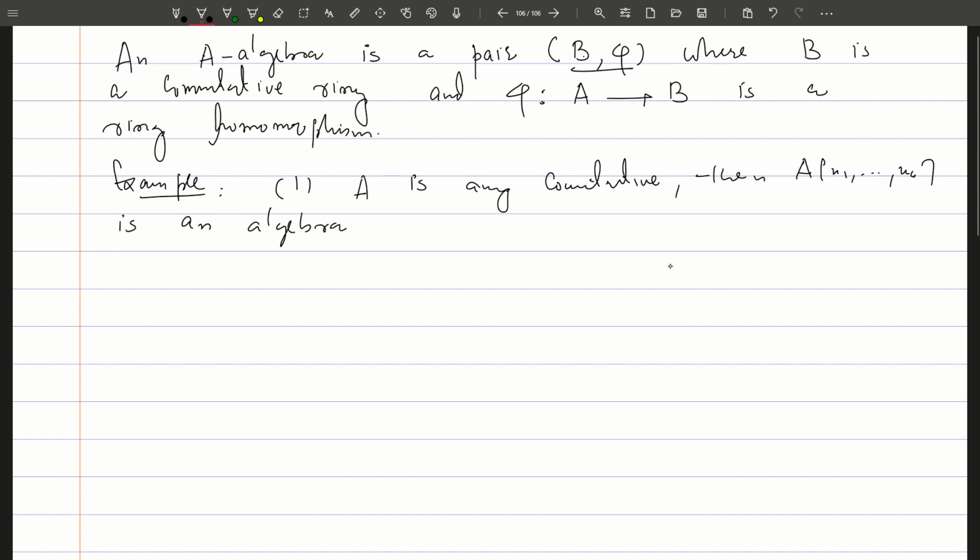Now, when this set is an A algebra, we must have a structure homomorphism, say phi from A to this polynomial ring, with the structure homomorphism phi, which is in this case the map i, let us call this the inclusion map.